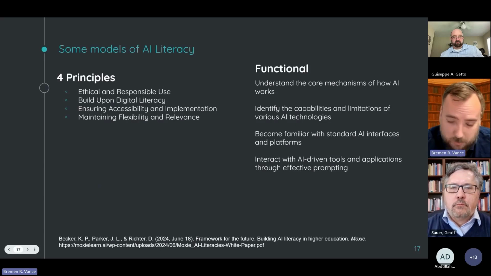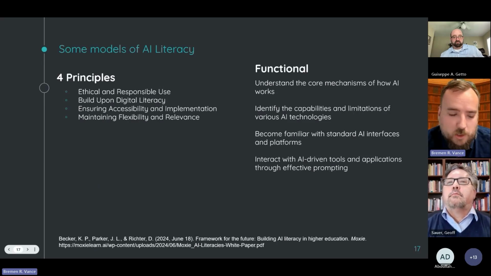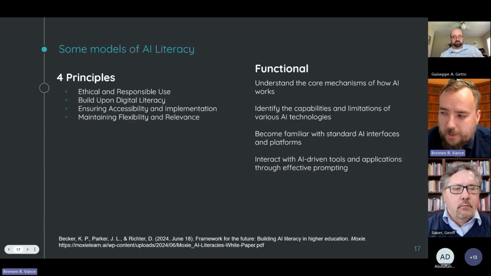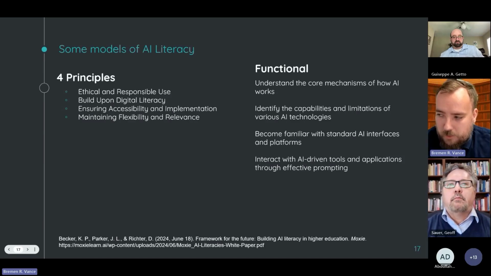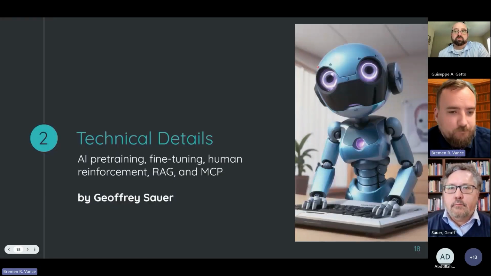They said that for the functional side, we need to understand the core mechanisms of how AI works, identify the capabilities and limitations of various AI technologies, become familiar with standard AI interfaces and platforms, and interact with AI-driven tools and applications through effective prompting. And again, to really get a sense of what it's capable of and what we should worry about and not worry about, we've got to dig in and ask questions about how it's processing information and getting to the results that we're seeing.